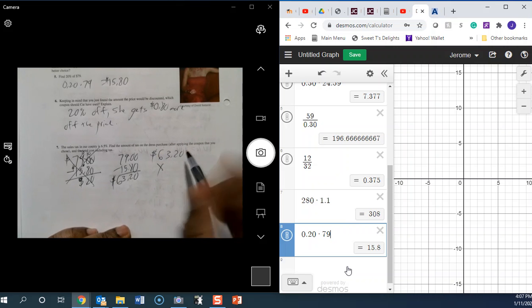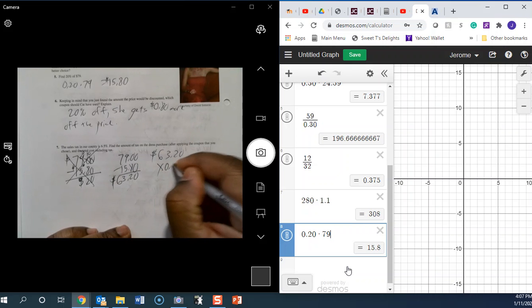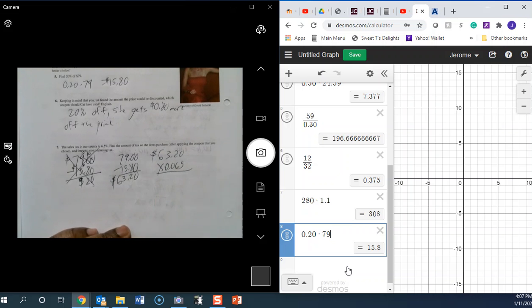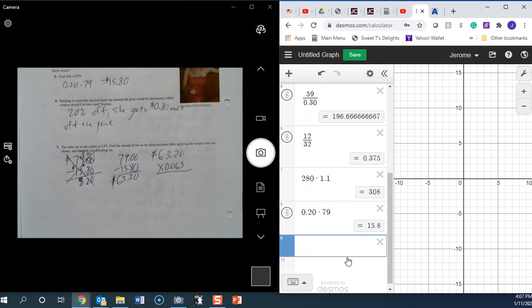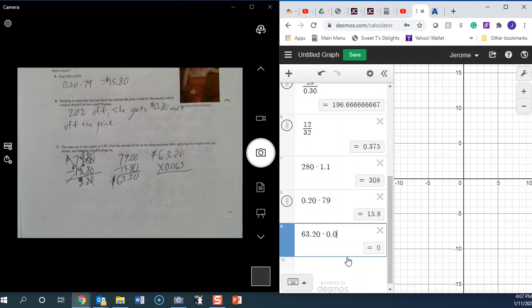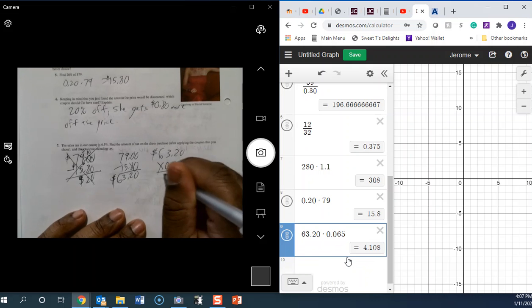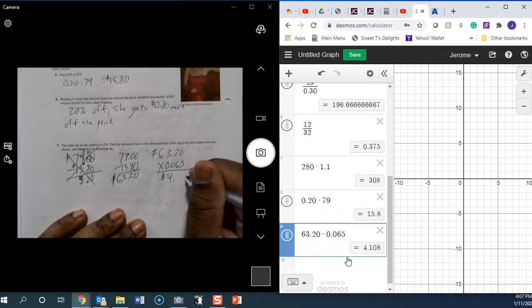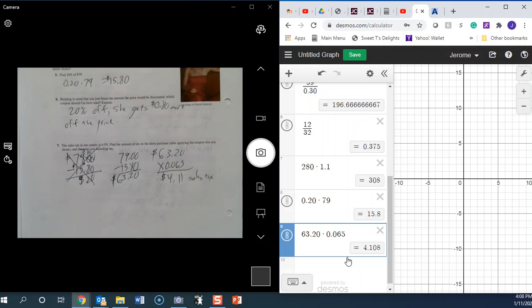So we'll multiply that by the 6.5%. So that'll give us approximately $4.11 sales tax. So that's how much you would pay in sales tax.